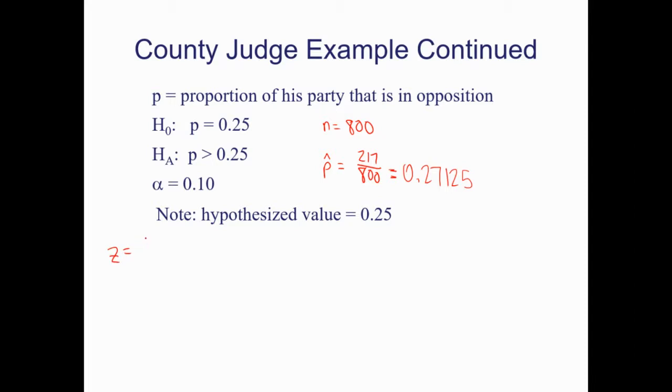Z equals p hat minus the p that we're testing. Then we have a huge square root here: p times 1 minus p over our sample size, which is 800.